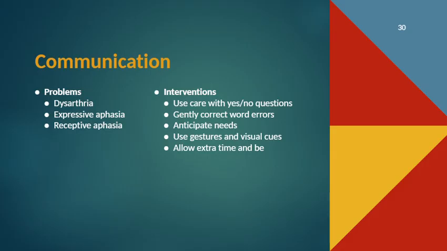Anticipating needs becomes essential because patients might be unable to ask for what they require. Using gestures like pointing, miming, or demonstration can significantly improve understanding and reduce frustration. And above all, we must be patient. Communication can take longer, and rushing only increases anxiety for the patient. Clear communication improves safety, reduces frustration, and preserves dignity.